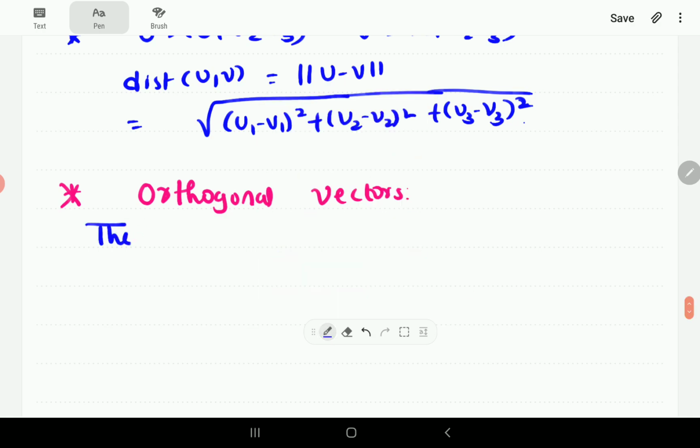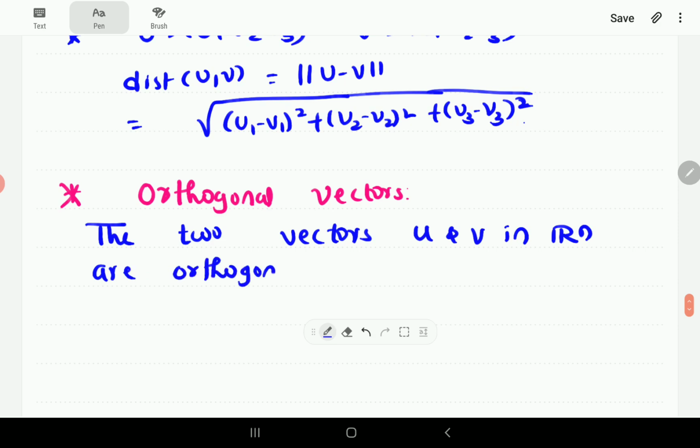Two vectors u and v in Rn are orthogonal to each other if their inner product u dot v is equal to 0. If u dot v is equal to 0, then we say that those two vectors are orthogonal.